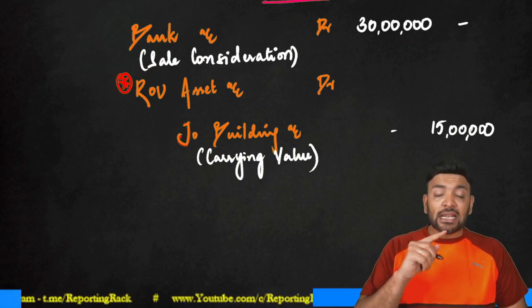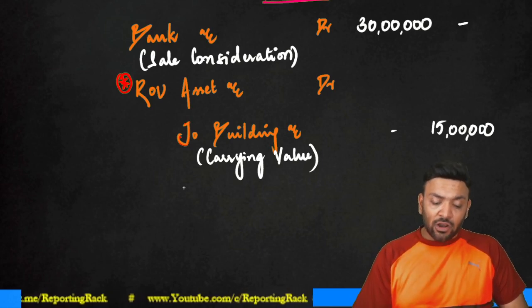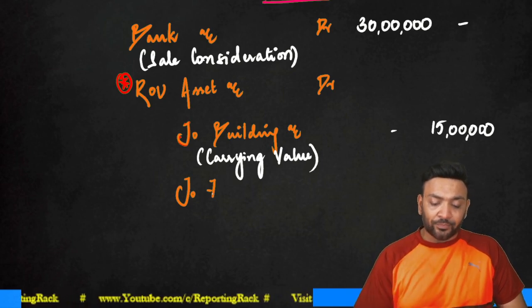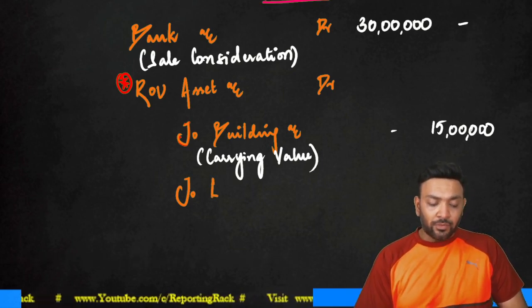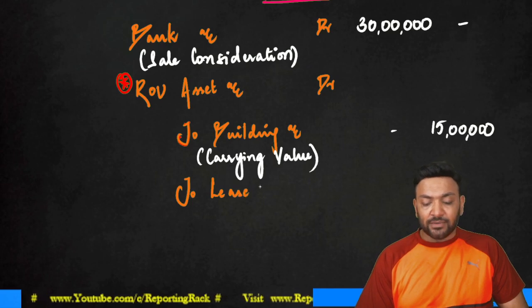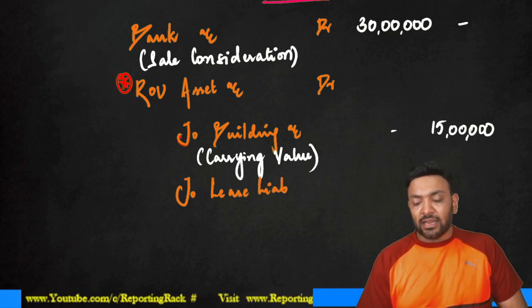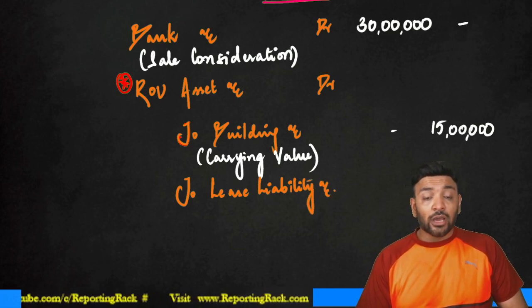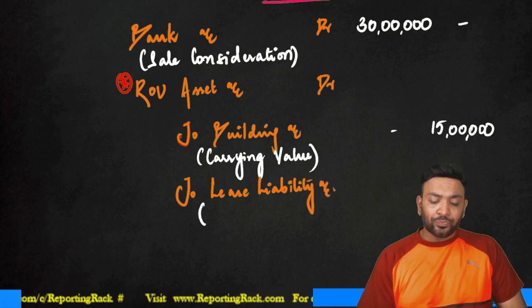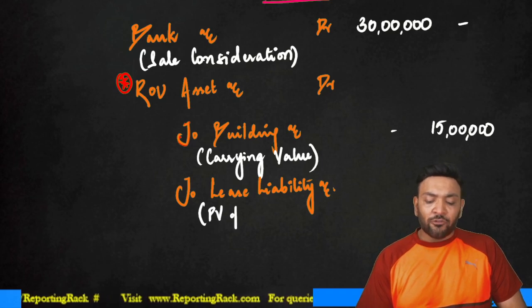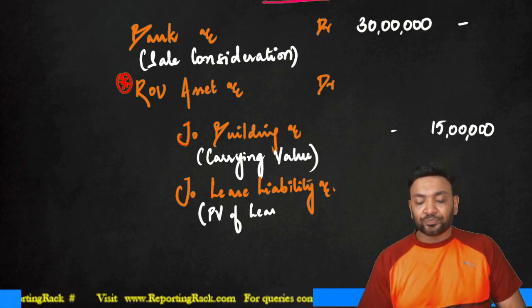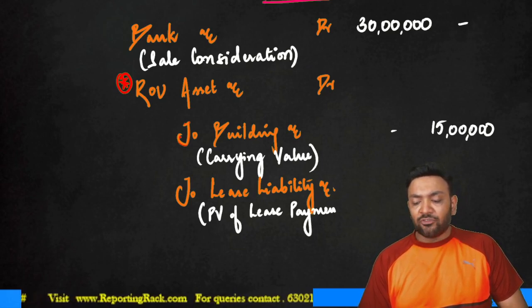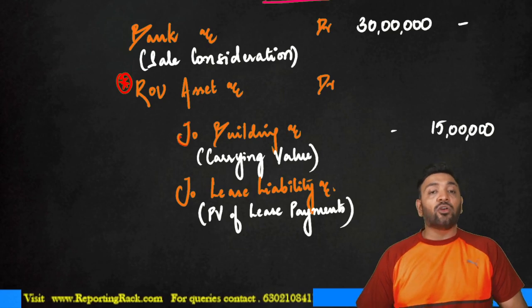But since you have taken the asset on lease, I will also have to recognize the amount of financial liability or lease liability. How do you measure your lease liability, guys? Your lease liability should be measured at present value of lease payments. I'll have to determine this and fill up the amount.